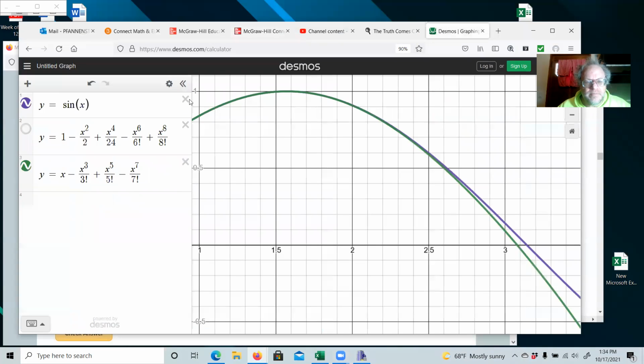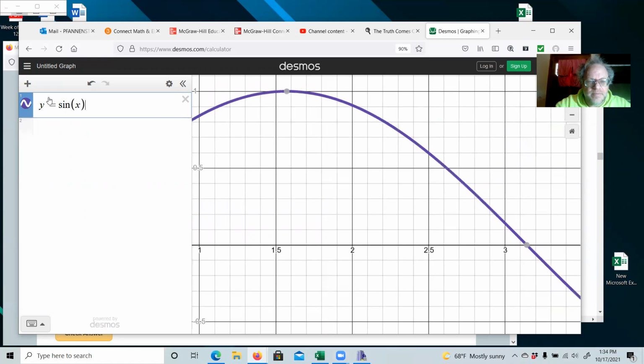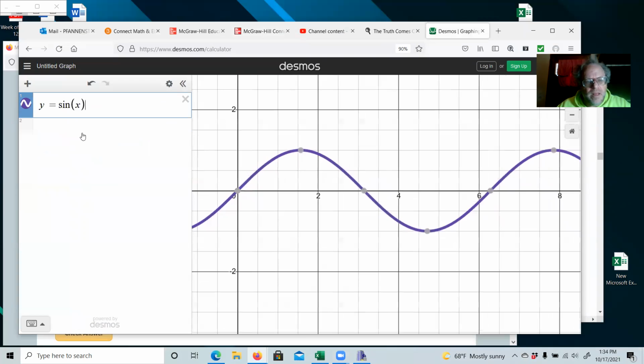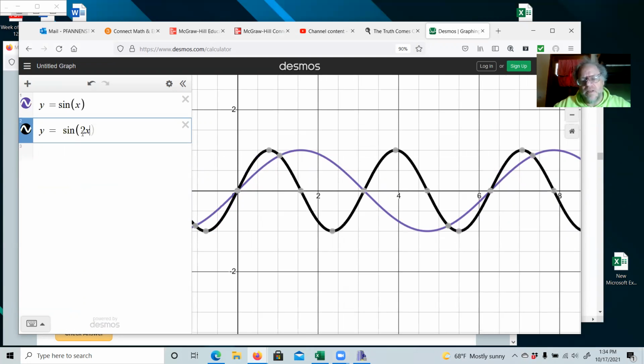So this is y equals sine x. Scroll out so we can get some seeing here. And then we'll have y equals sine of 2x. Not sine of 2, just sine of 2x.